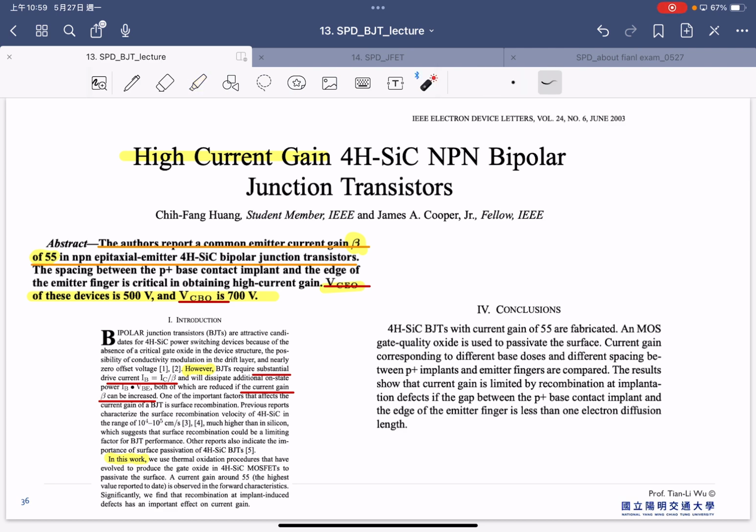So in this work, these guys try to fabricate using thermal oxidation to avoid the gate oxide in the MOSFET, and also in the end, the goal is to reach the highest reported current gain value at that time, which is 55, and also the recombination of implant-induced defects has an important effect on the current gain.